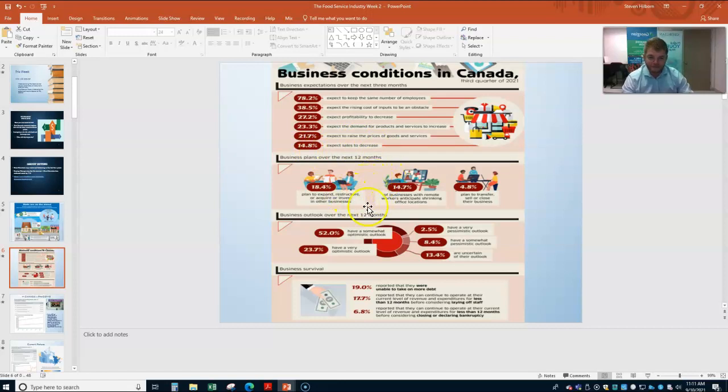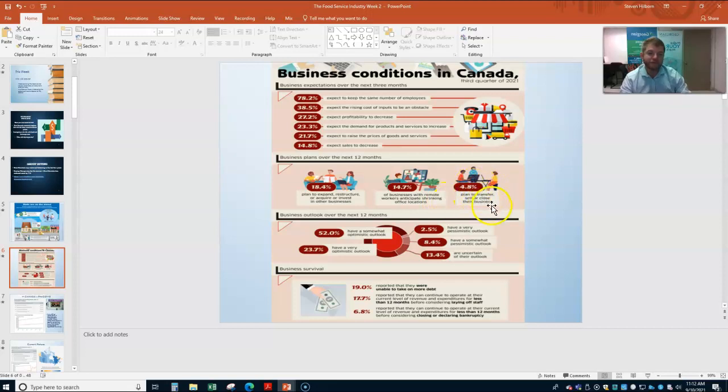Some of these businesses, almost 20%, plan to either acquire or invest in other businesses or restructure. About 15% anticipate shrinking their office locations, which maybe doesn't have a lot to do with food and beverage, but I can see on the accommodation side, they're shrinking some of their front desk staff or having them work remotely.